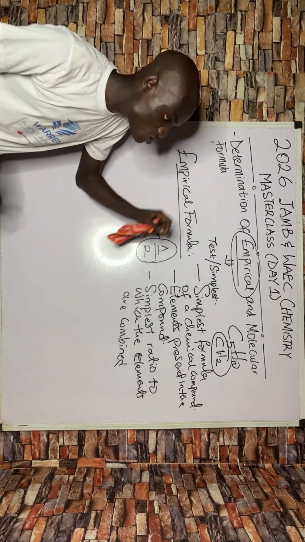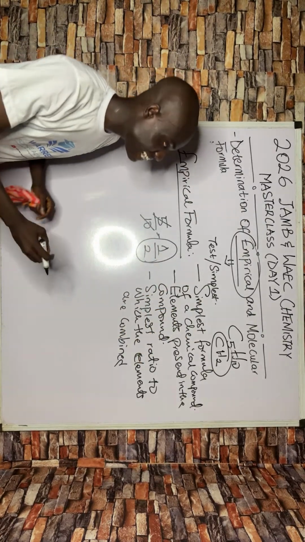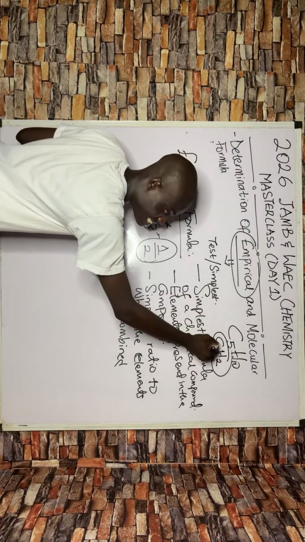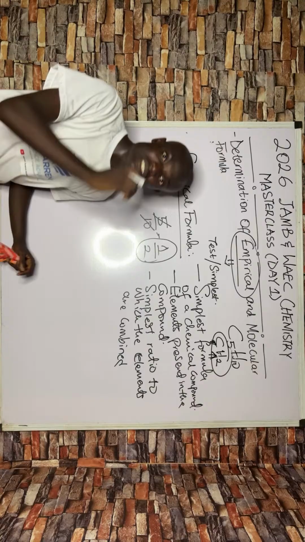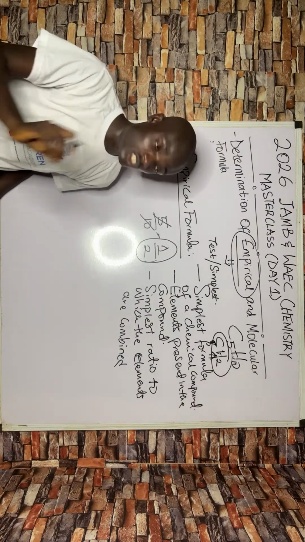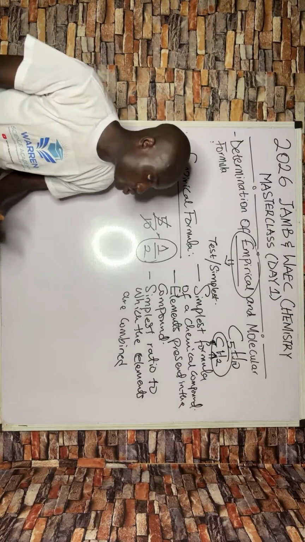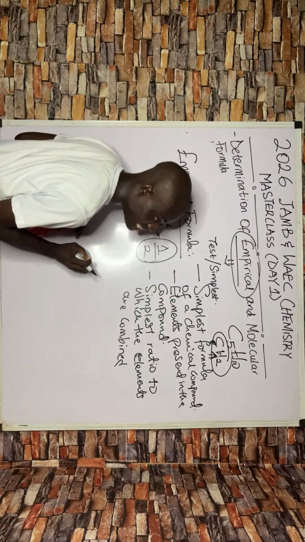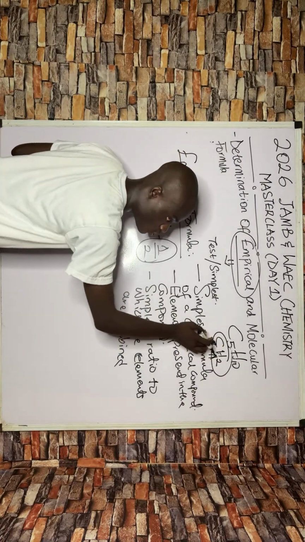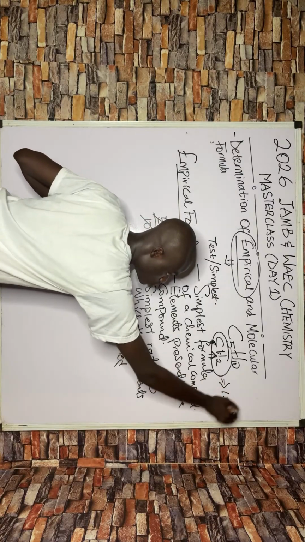So this simplest form of a chemical compound is what we call the empirical formula. Secondly, empirical formula also tells us the elements that are present in the compound. So in this case, I can tell that the elements present in this compound are carbon and hydrogen. And lastly, the empirical formula tells us the simplest ratio to which the elements are combined. So in this case, I can see that the ratio of carbon to hydrogen is 1:2.